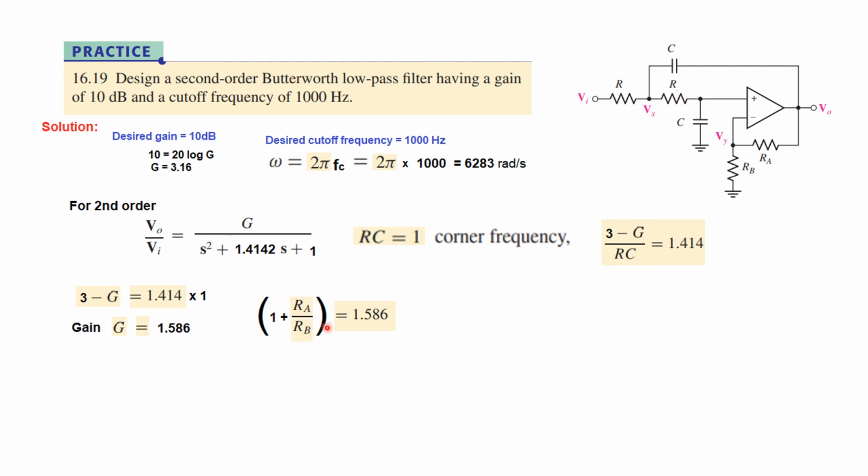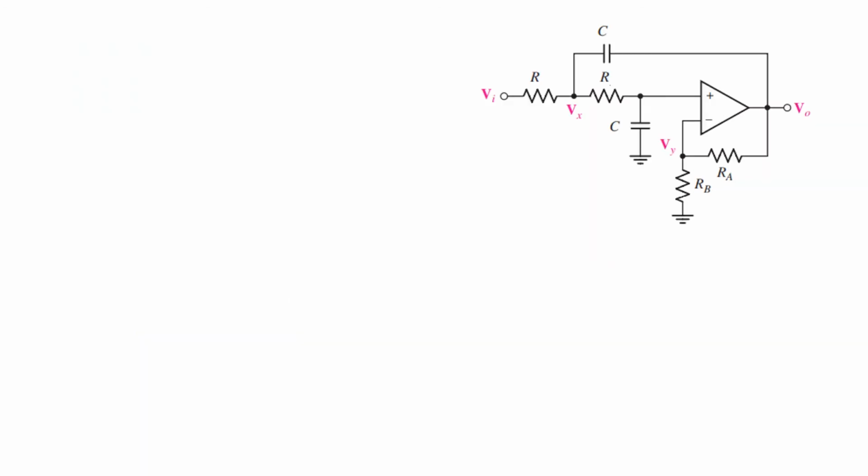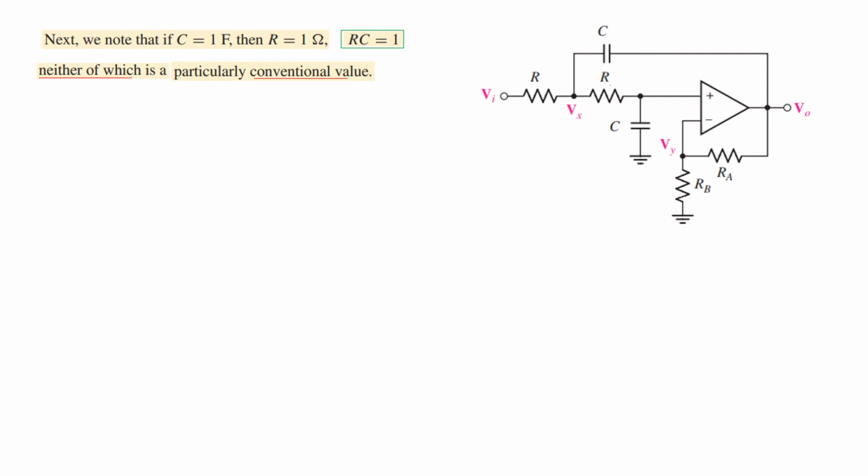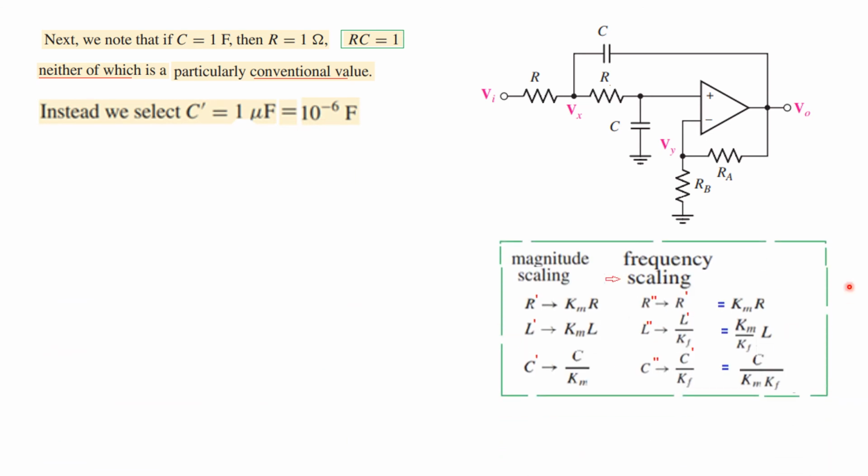For the operational amplifier, the gain is like here, 1 plus RA over RB, and from here we can calculate RA over RB. These are the two values that we get. And same logic, we are assuming the same value of the capacitance. We'll be using this scale here.